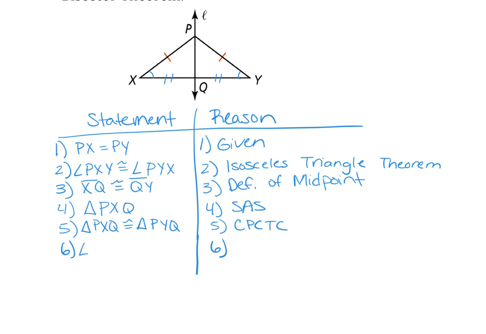We know that angle PQX would be congruent to angle PQY, and that each of those would equal 90 degrees. And that would be through congruent supplement, right angle theorem.